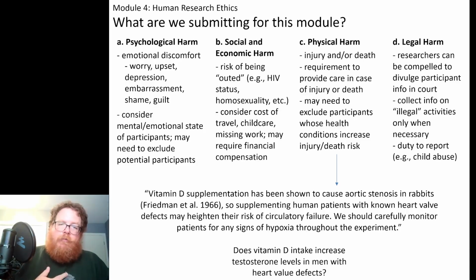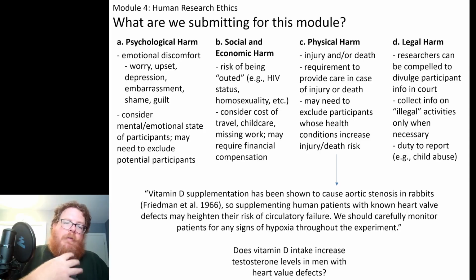So my assessment, basically, I haven't really said whether it's low, medium, high, etc. But my assessment here is that there is probably a, I don't know, a low likelihood of this happening. But if it does happen, maybe a medium magnitude, on the basis that, look, I know that vitamin D supplementation can cause issues with the heart, at least in non-human participants.